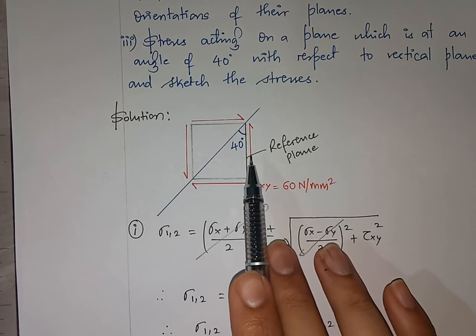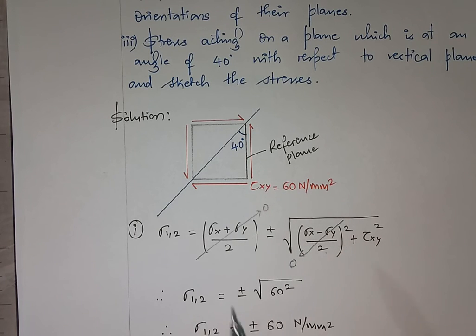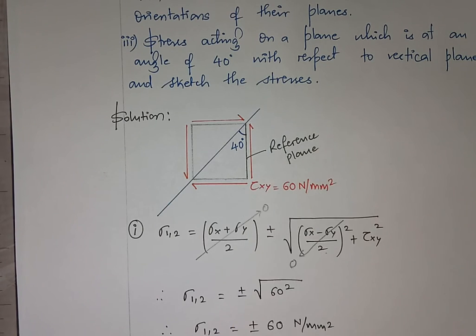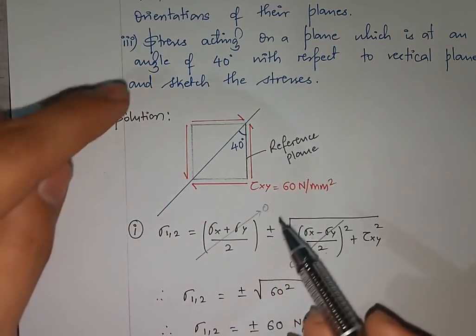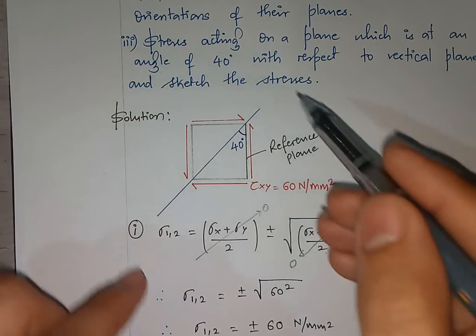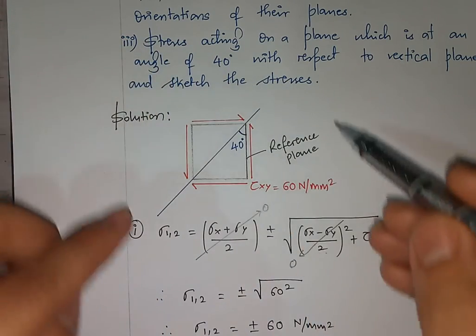This is my reference plane. With reference to the reference plane, what is the direction of the shear stress, right? So the direction of the shear stress, one which is moving up along the reference plane, it is trying to rotate the reference plane in this direction, which is anti-clockwise direction.